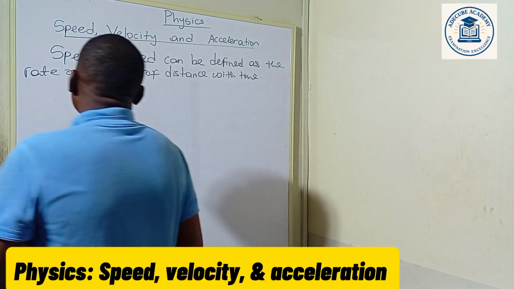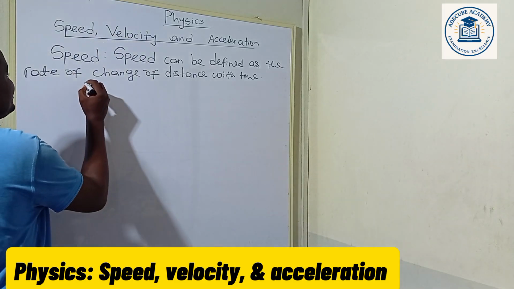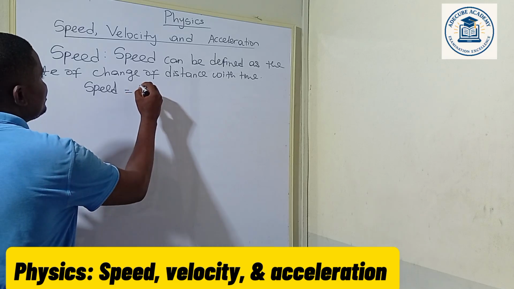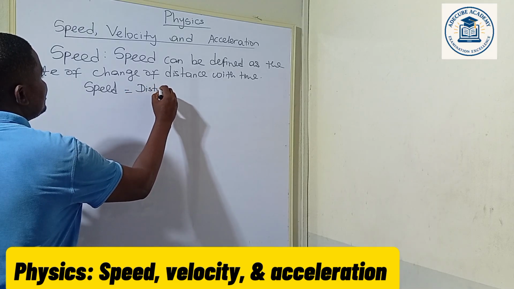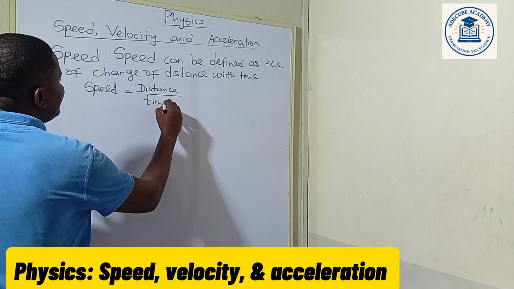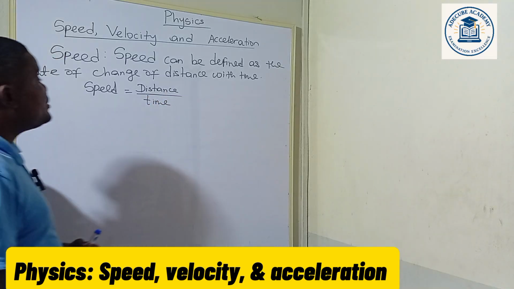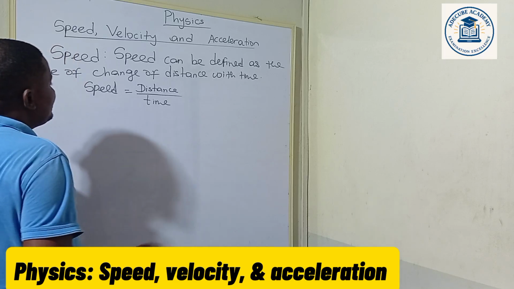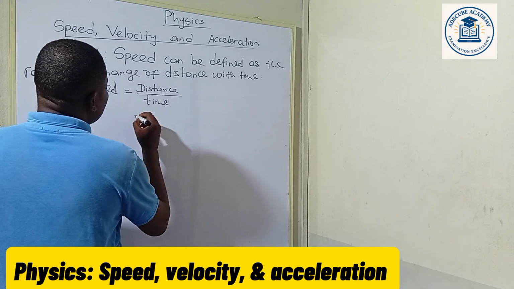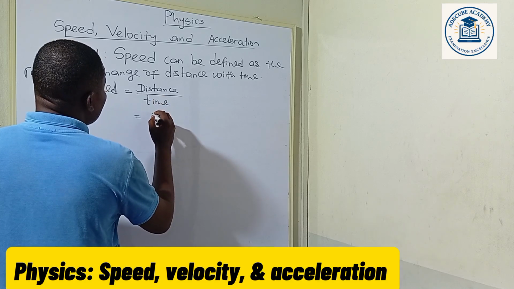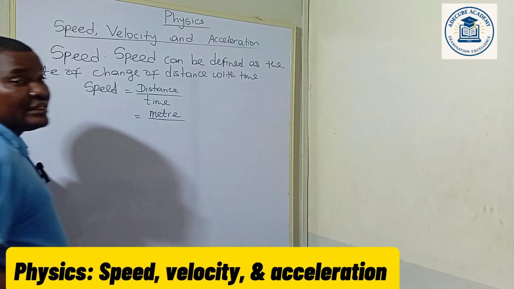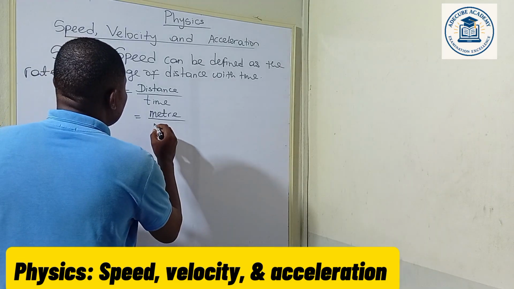Now, of course, we have speed is equal to distance over time. Now, what will be its unit? The unit of distance, as we know, is meter, and the unit of time is second.